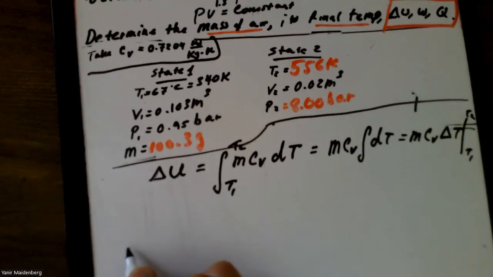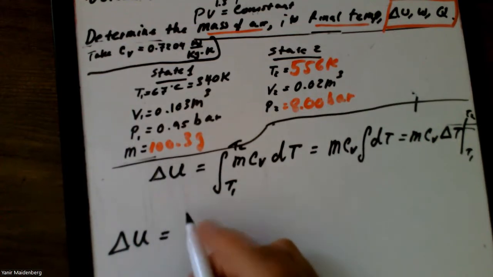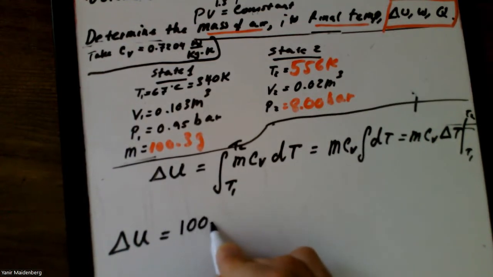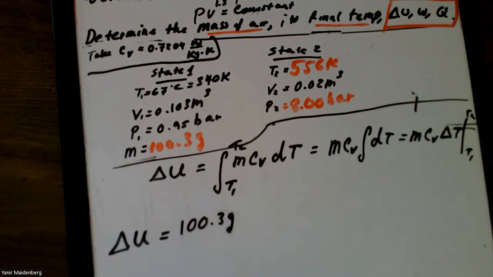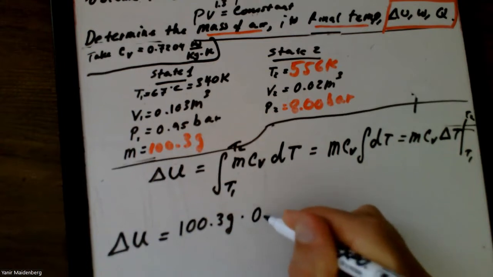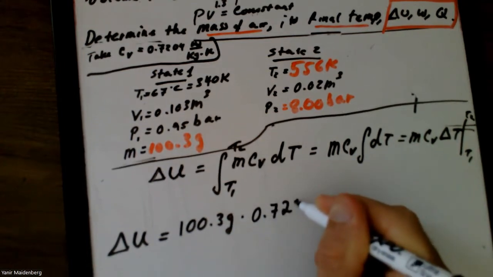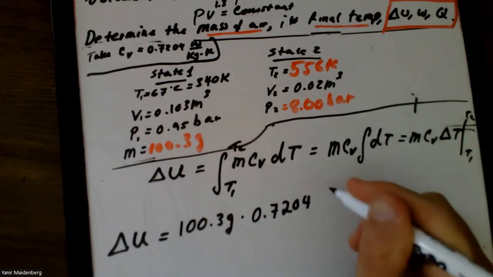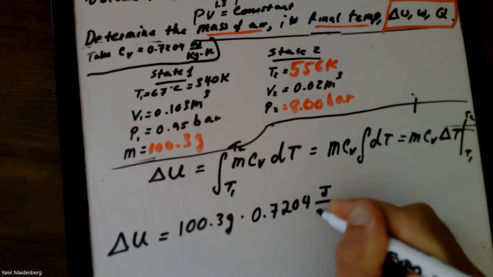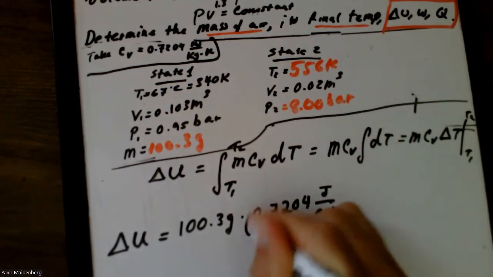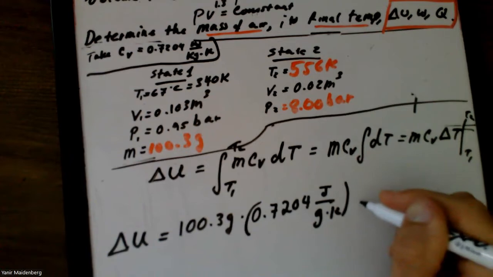So we know that delta U then is equal to, well, the mass, and we calculated the mass to be 100.3 grams. We know the CV is 0.7204 joules per gram Kelvin. Okay, I'll give a word about that in a second.